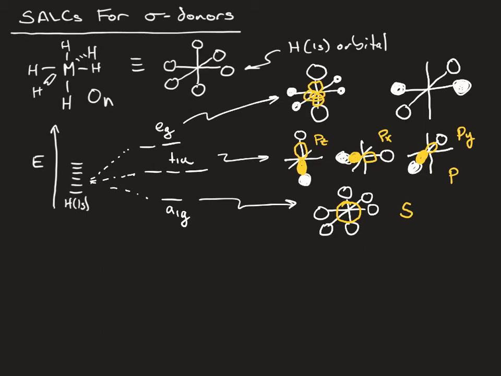Those EG transforming orbitals are the dz squared and the dx squared minus y squared orbitals. This general scheme is generic for all types of ligands.